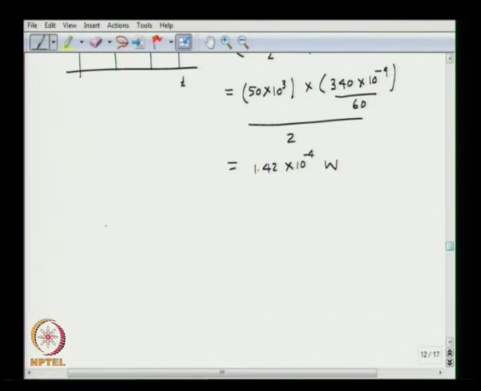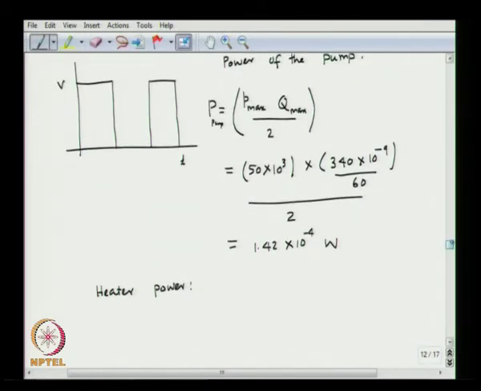Similarly, we can find the heater power. Now, the heater is actuated only for half of the cycle. So, the other half, the voltage is not present.